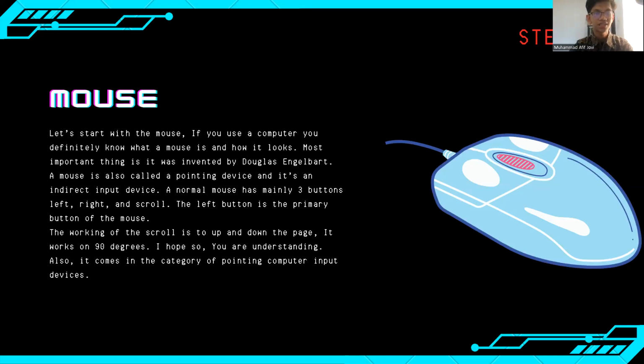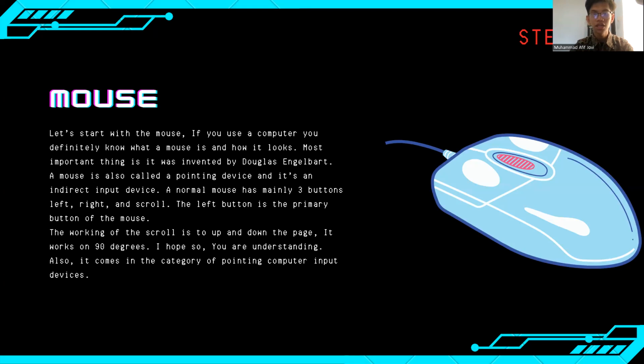First, the mouse. Let's start with the mouse. If you ask about a computer mouse, you definitely know what a mouse is and how it looks. The most important thing is that it was invented by Douglas Engelbart. A mouse is also called a pointing device and it is an indirect input device.